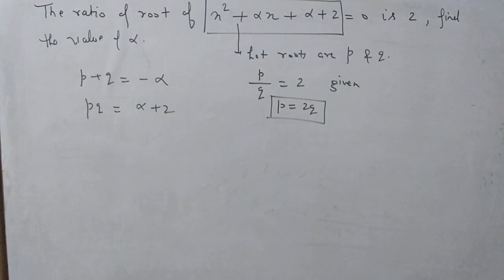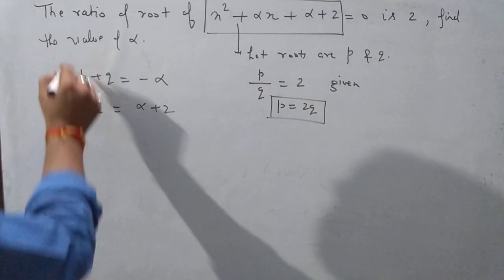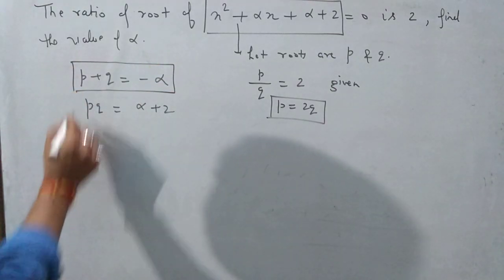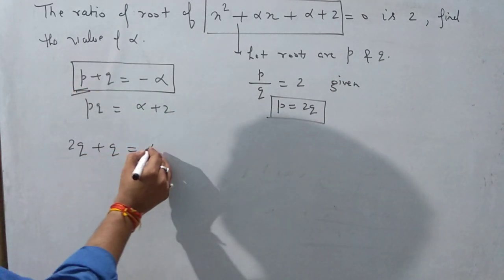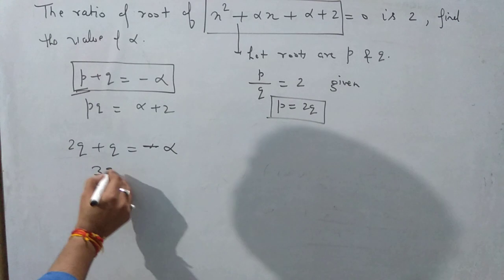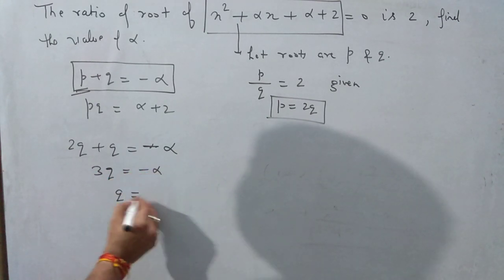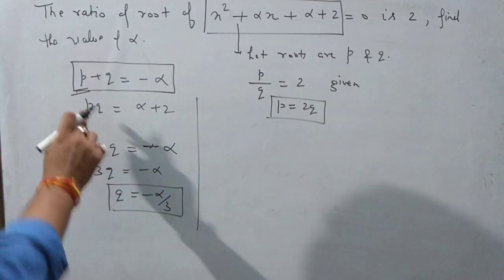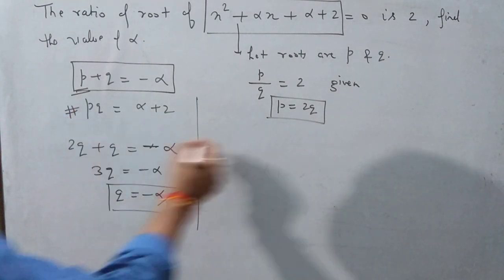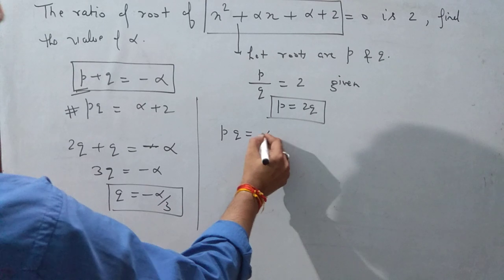Now we are going to frame our equation in this manner so that we can find the value of alpha. So let us take this one. In place of p we can write 2q plus q is minus alpha. It's 3q is minus alpha. So q is minus alpha by 3. This is the value of q. Again the second equation, pq is given as alpha plus 2.